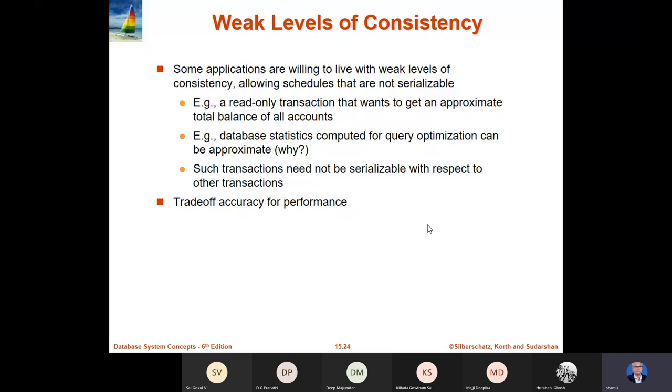Now, of course, if we try to get the total number administered so far, I have to stop updating of the currently administered numbers. But it is not required because we want only a statistic of roughly how many have been given. Whether exactly 3 million have been given or 3 million and 1,000, it does not really matter. So these are some cases where we can trade off accuracy for performance.